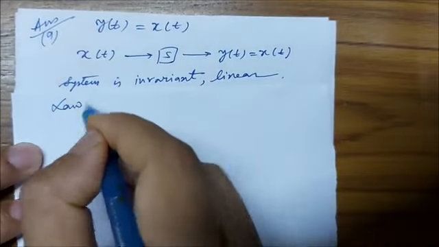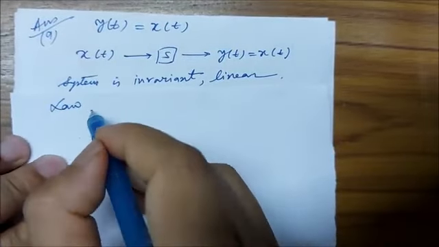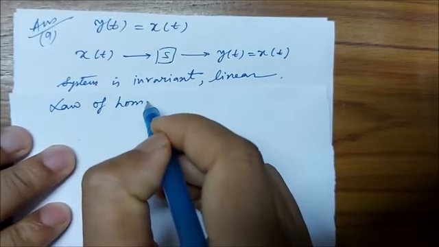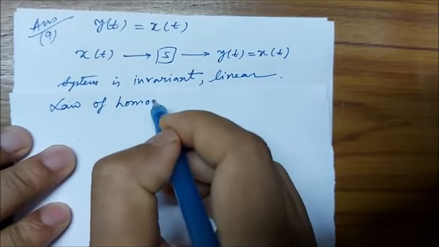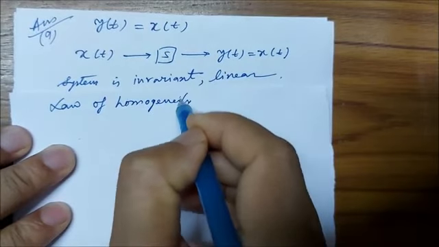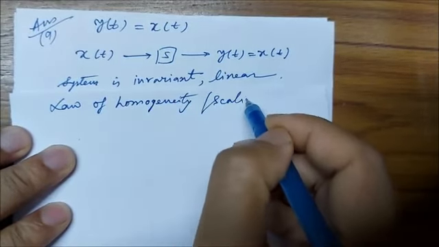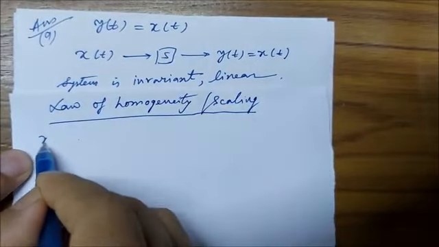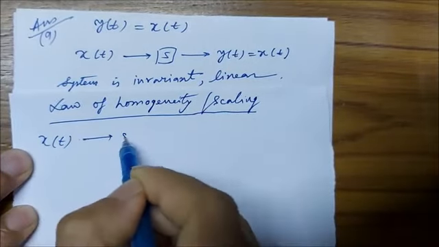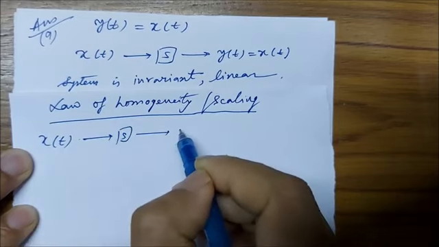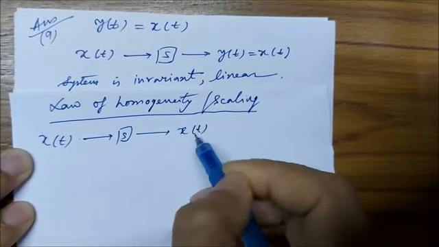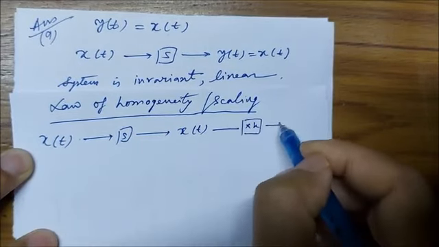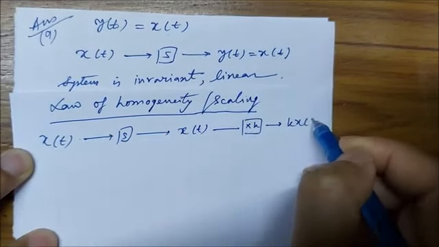And it is trivial to show that law of homogeneity holds. xt through system gives the same response, and if we scale it, we have kx of t.